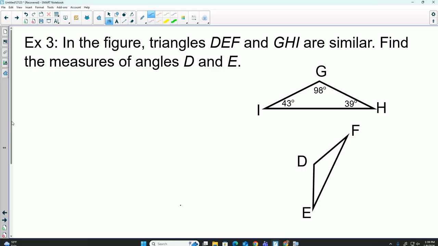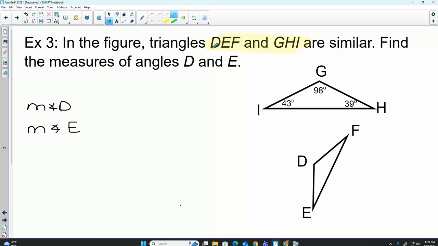In the pictures, DEF and GHI are similar. Find the measures of angle D and E. All right, these definitely aren't drawn to scale. They don't really look like similar triangles, but I'm telling you they are. Because they aren't drawn to look similar, it's really hard to know which angles match up, but that's where this statement is very important. The order matters.